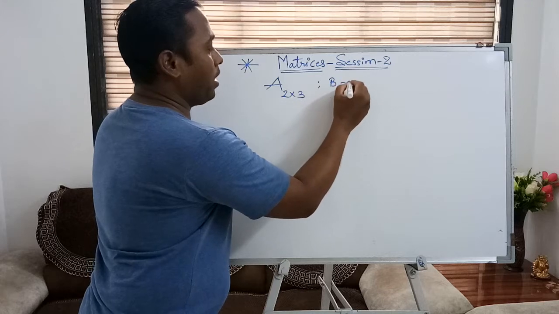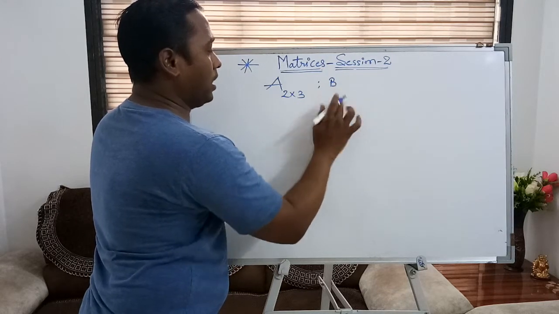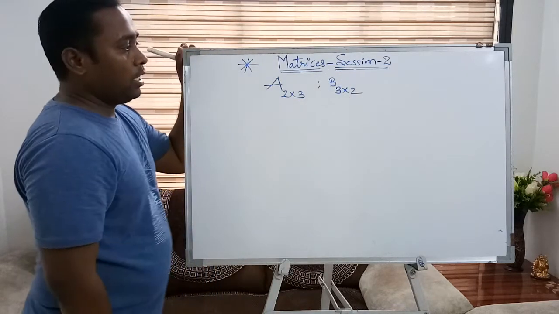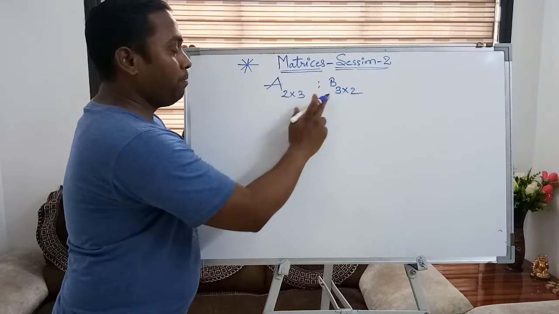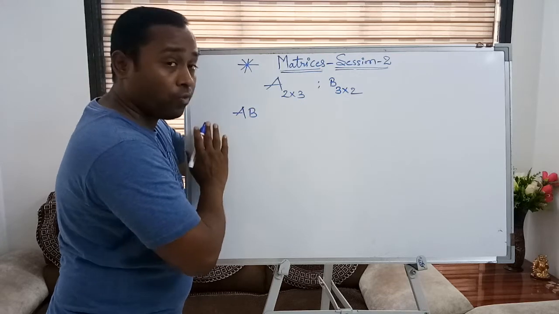Next, take another matrix B whose order is 3 by 2. Here, for multiplication of the matrix A with B, order is very important.